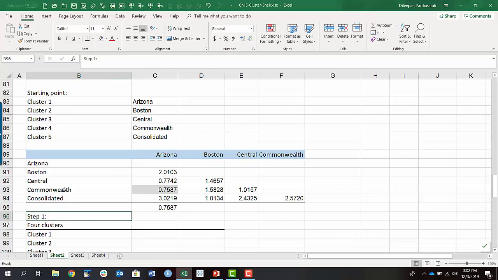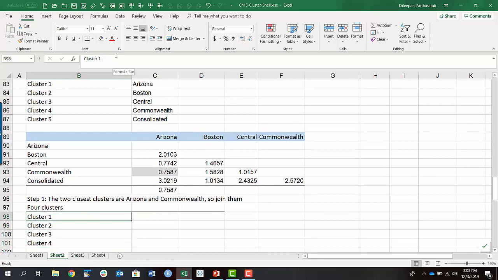So step 1 is to join the two closest clusters. These clusters happen to be just one observation clusters. The two closest clusters are Arizona and Commonwealth, so join them. Now we have only 4 clusters.